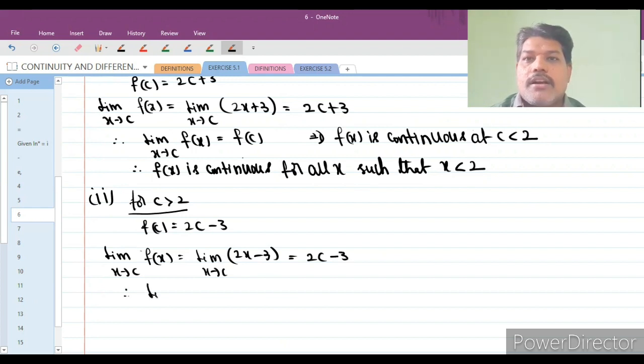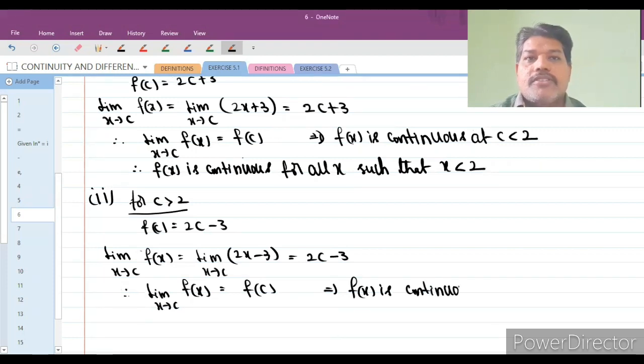Therefore we can declare that the limit as x tends to c of f of x becomes f of c only. Similarly, f of x is continuous at c greater than 2.